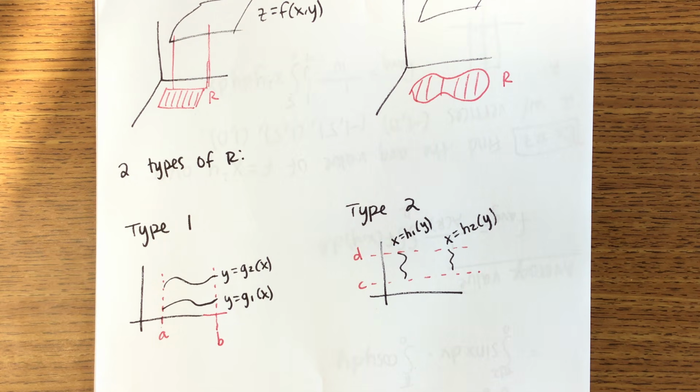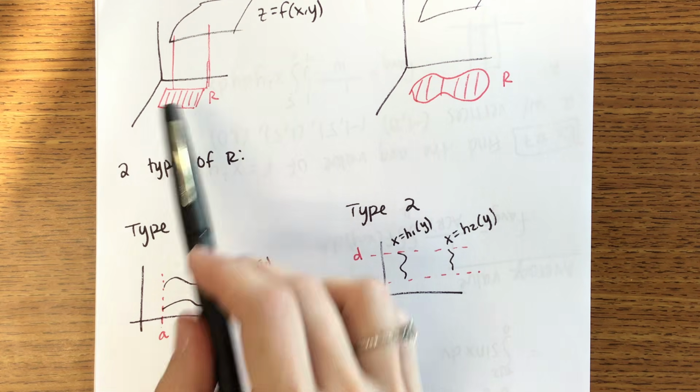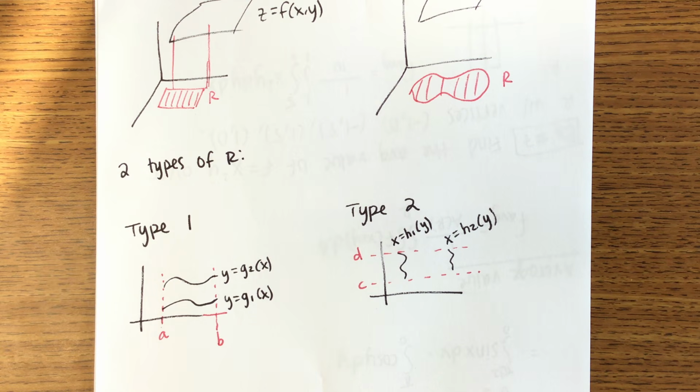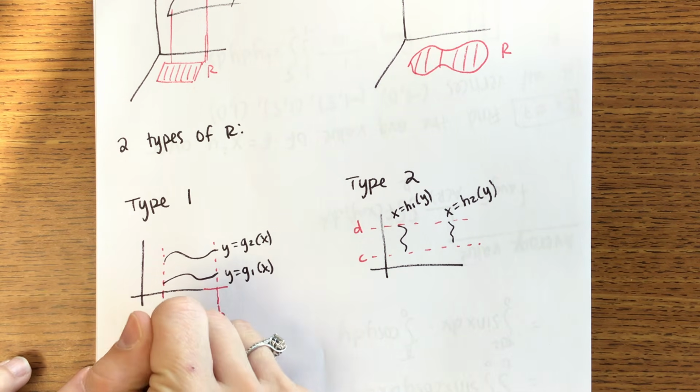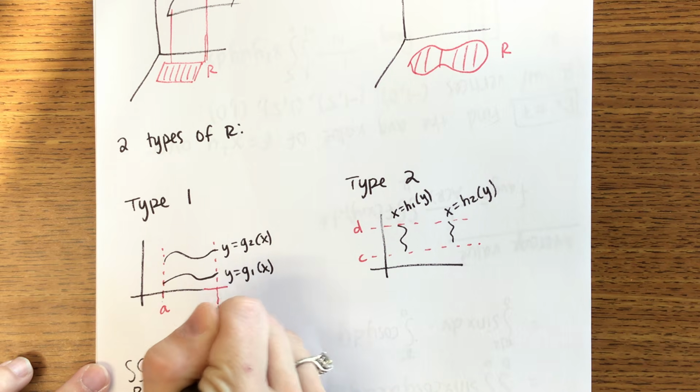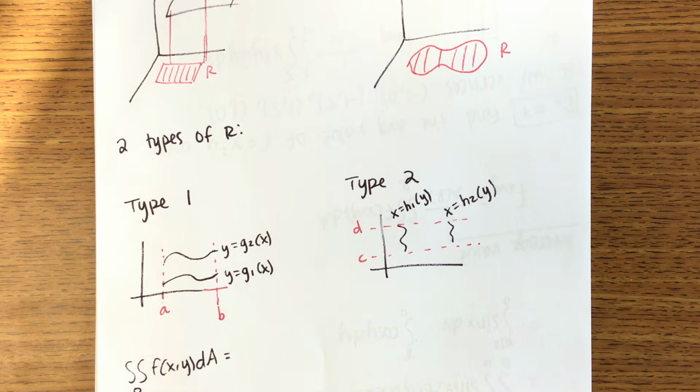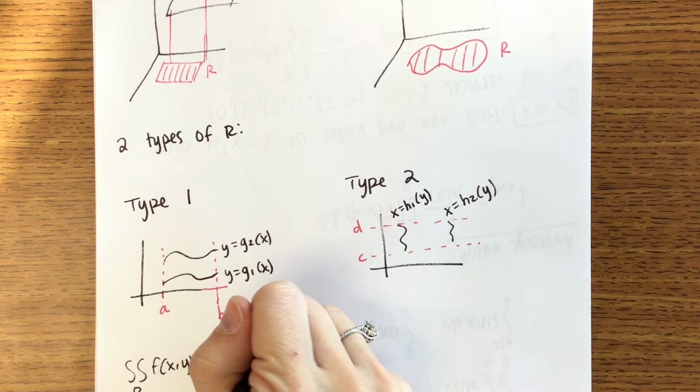So when we did 15.1, where we had a rectangular R, we talked about how it doesn't matter if you integrate with respect to x or y first. And then we talked about sometimes it's easier one way or another. That's not going to be the case now. Now it's much easier to integrate one versus the other. If you have a type 1 region, if you're looking at the double integral over the region R of your f of x, y, here's how that's going to look.